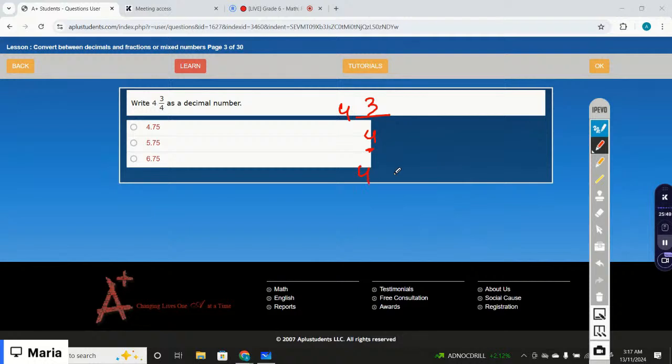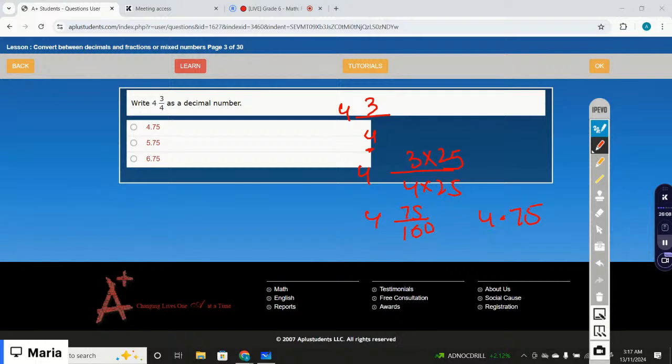So you need to multiply the fractional part by 25. So that is 4 whole 75 over 100. So 75 is at the 100th position. So that makes 4.75. The correct option is 4.75.